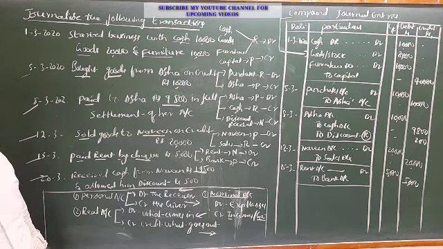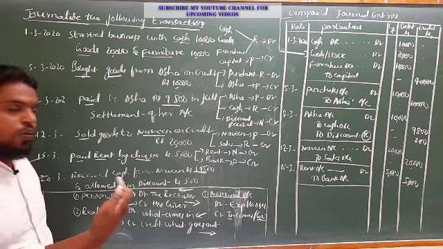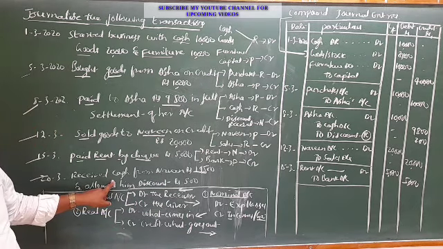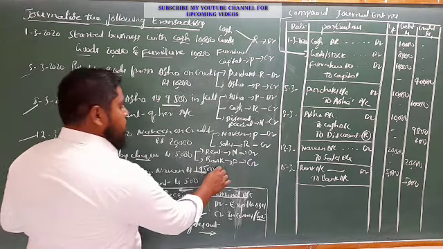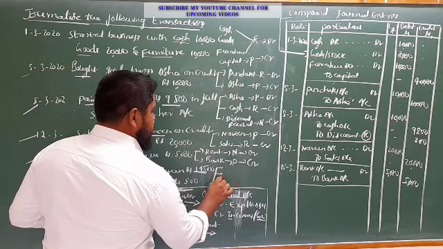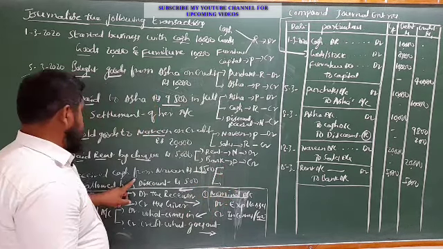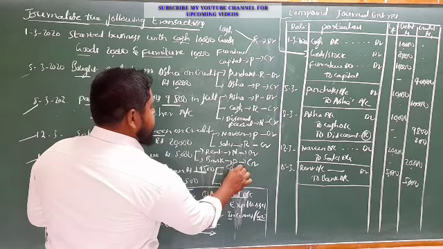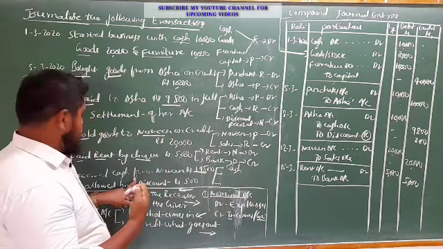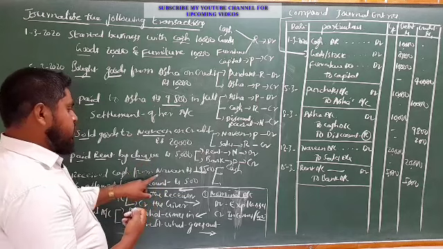The business is giving a discount. So in this transaction three accounts are involved. First, cash.